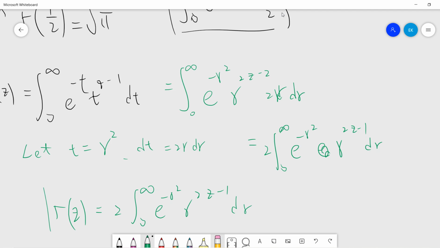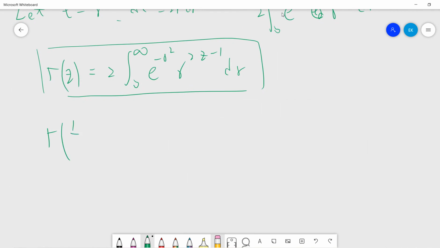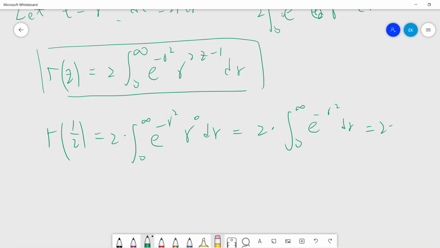So gamma of 1 over 2 is 2 times the integral from 0 to infinity of e to the minus r squared, r to the 0, dr. So this is 2 times the integral of e to the minus r squared dr. So this is 2 times square root of pi divided by 2, which is square root of pi.